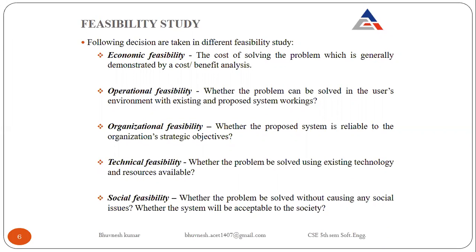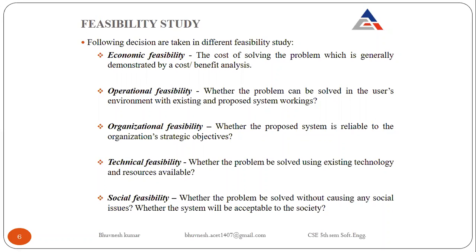Organizational feasibility. What does this mean? Whether the proposed system is reliable to the organization's strategies or not. If any organization wants to make software and their team members are working on that software as customers, they can easily use that product, like Zoom.